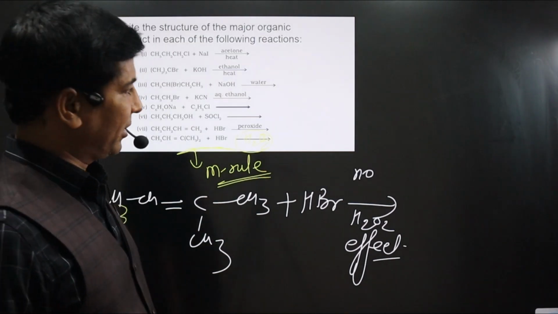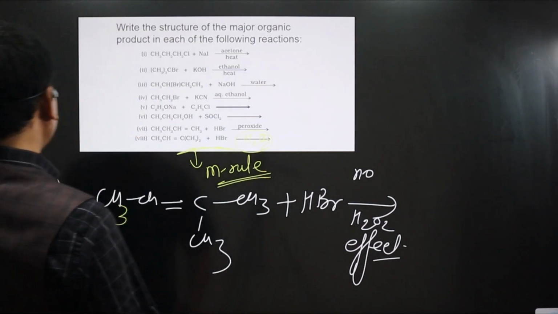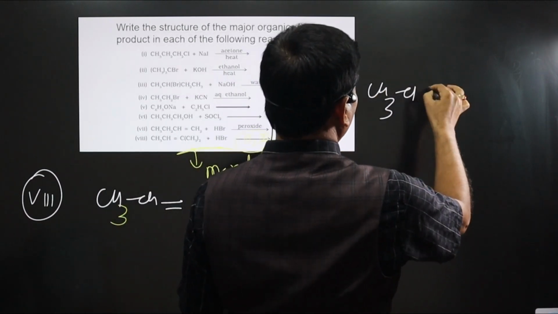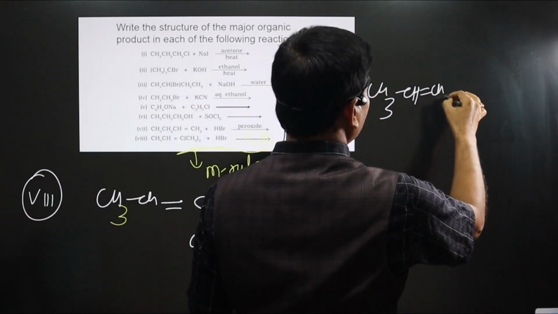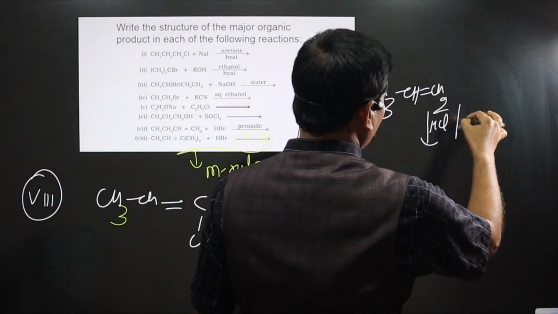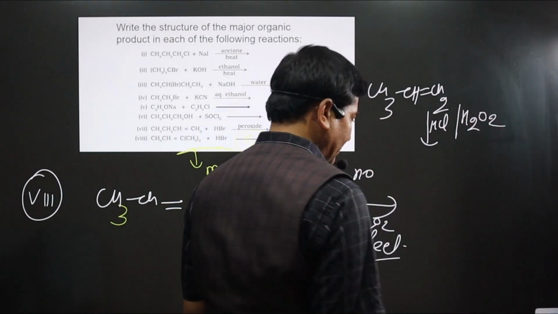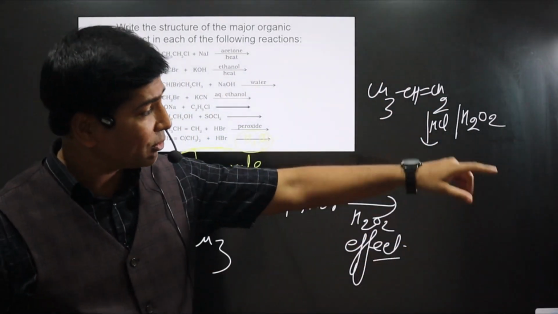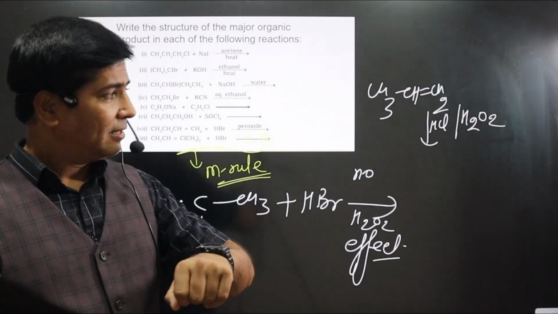And one more interesting part. If I take an alkene, let's say we have CH3, CH double bond CH, and then CH2, and in this case let's say we have HCl, and even if we are putting H2O2 there, this reaction will not take place according to the anti-Markovnikov rule.